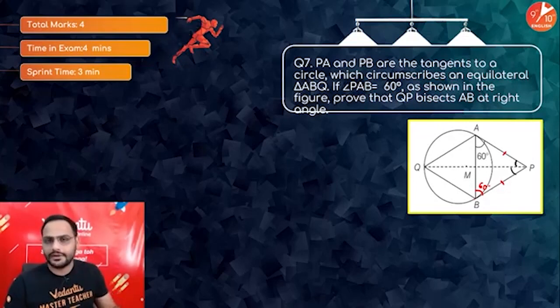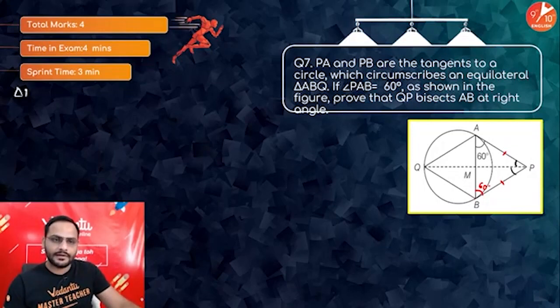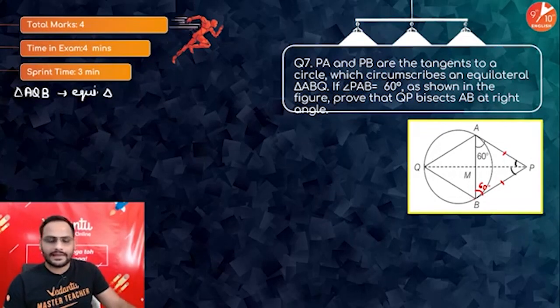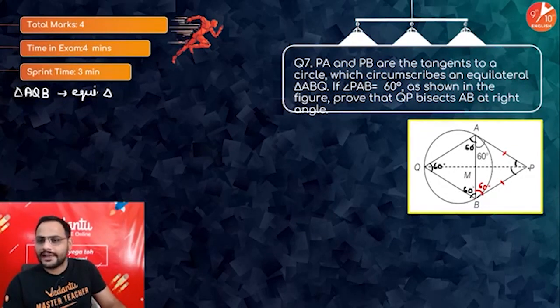So what I can do, since triangle AQB is also equilateral, triangle AQB is given an equilateral triangle, right? So I can say that these angles are also going to be 60 degrees each. Correct. So total angle PAQ, what will be the measure of angle PAQ?